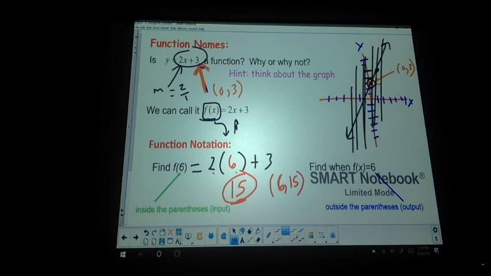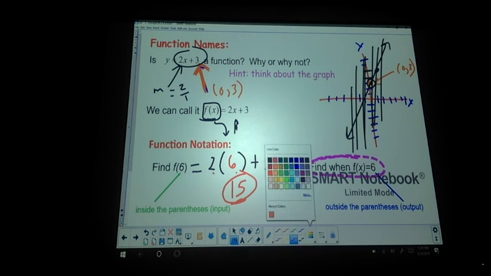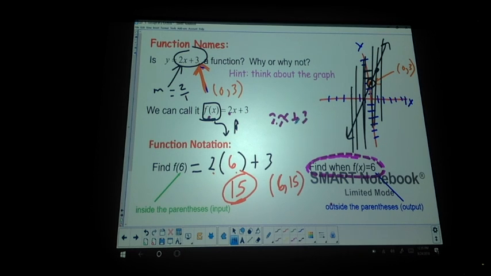All right. What about this one? Anyone want to take a shot at what that means? What does this mean? f at x equals 6. Well, here I have f at x equals 2x plus 3.